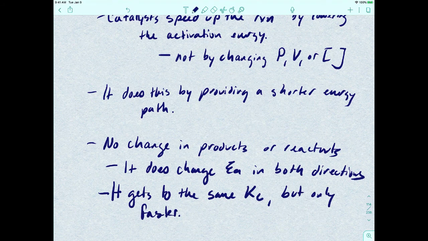So it's not going to change the equilibrium constant. At the end of the day, catalysts just aid the reaction in getting to equilibrium faster. That's it. It doesn't do anything else except what we've talked about so far.